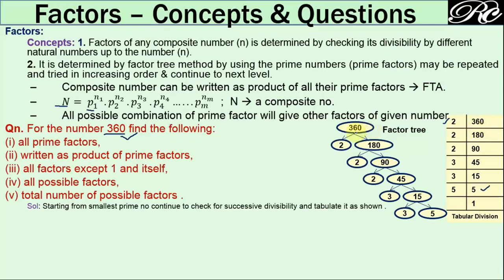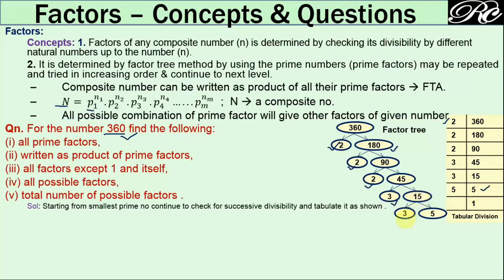Take 360, which is divisible by 2, and the quotient will be 180. Now this 180 is divisible by 2, so the quotient becomes 90. Now 90 is further divisible by 2, we will get 45. 45 is divisible by 3, so this 45 can be written as 3 multiplied by 15.